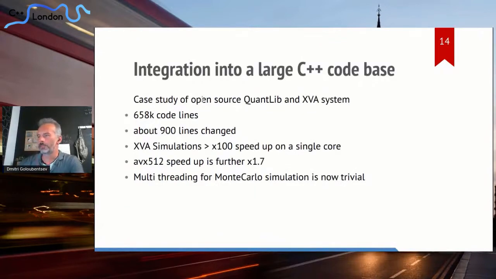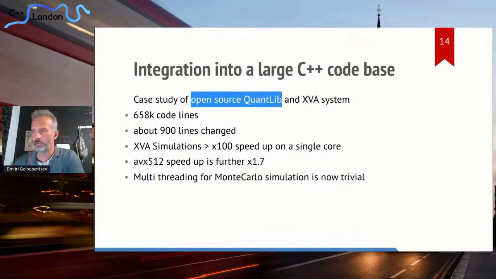So for our case study on how easy it is and what the benefits are of this approach, we chose to use QuantLib, the open source QuantLib library. This is fairly famous in the finance community. It has lots of contributors and lots of code written. We also picked Open Risk Engine, that is basically built on top of QuantLib.